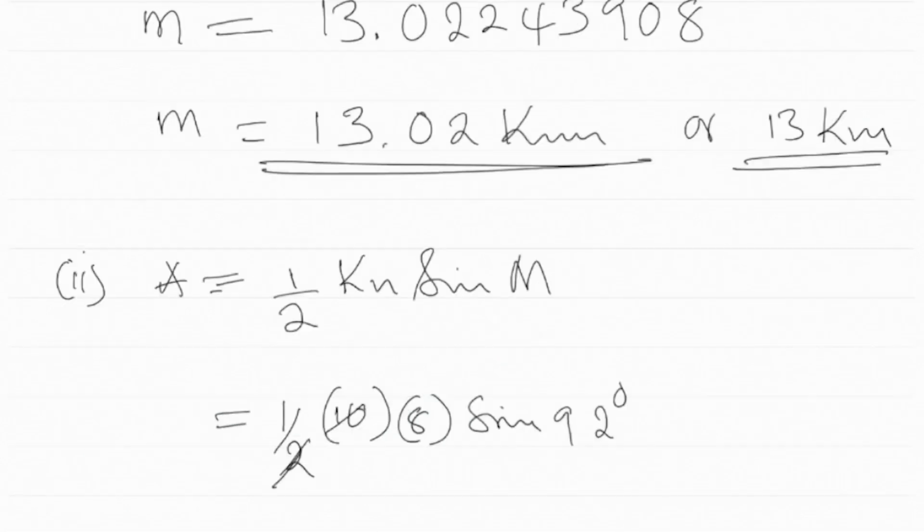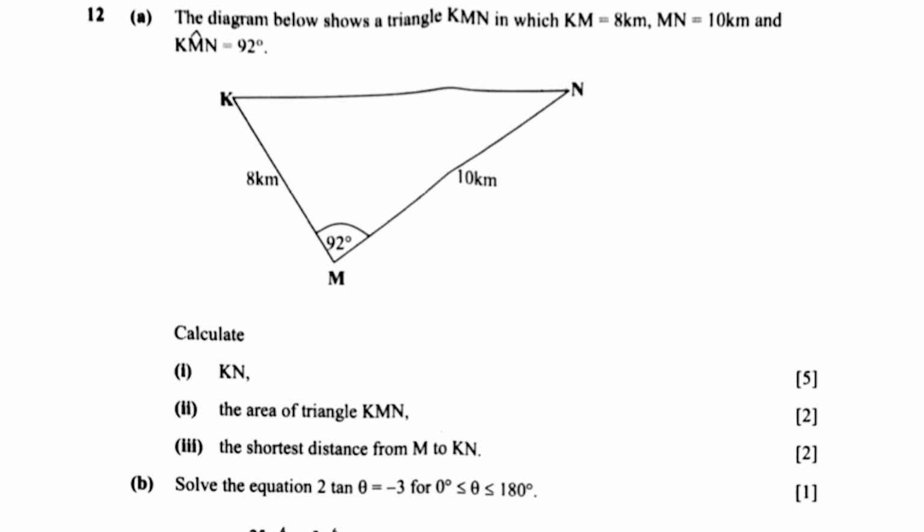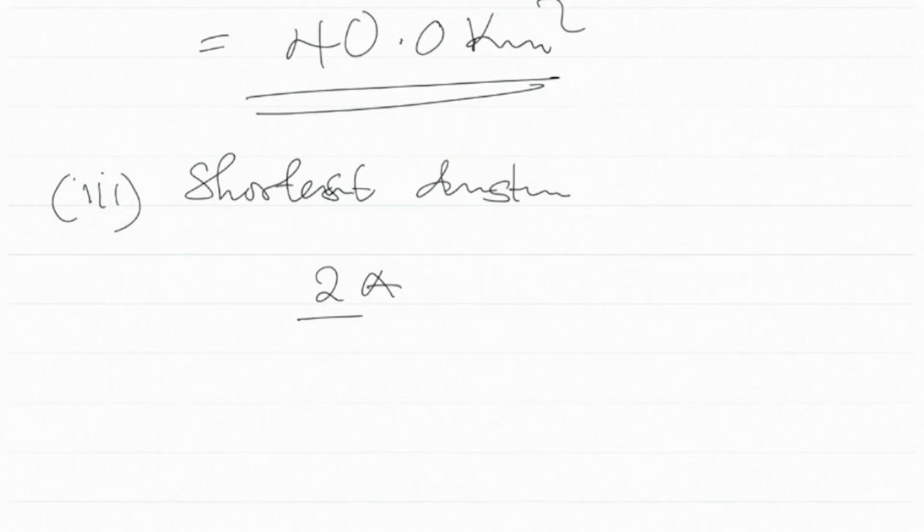This can simply be found by saying the shortest distance equals 2A over b, which is 2 times the area, which is 40, divided by the base, which is 13.